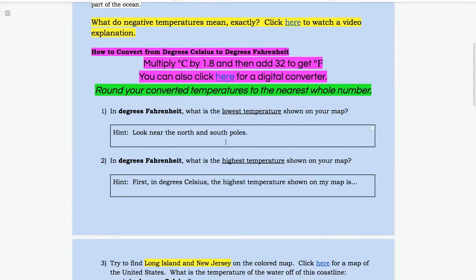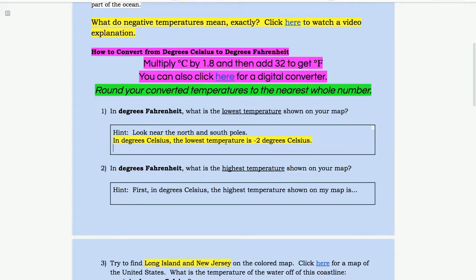So we want to be careful. In degrees Celsius, the lowest temperature is -2 degrees Celsius. Now we are asked to provide degrees Fahrenheit.